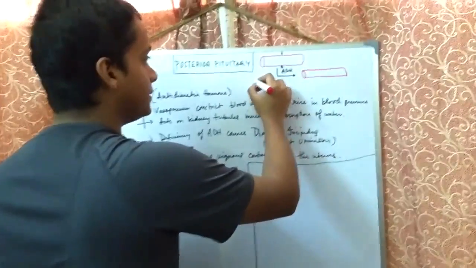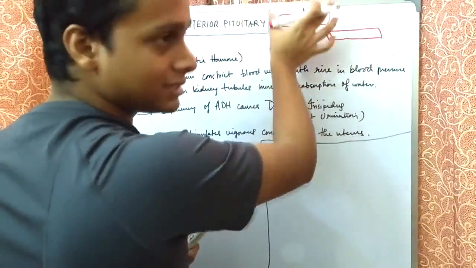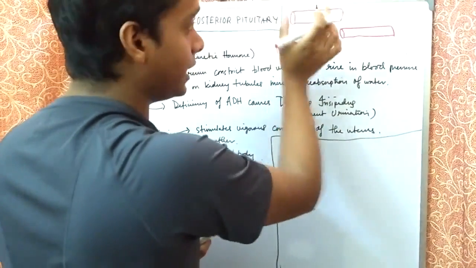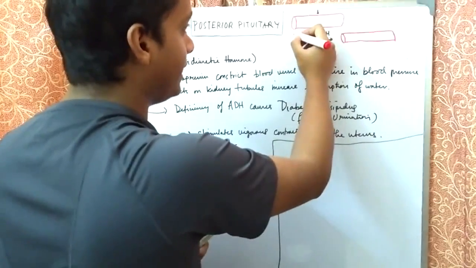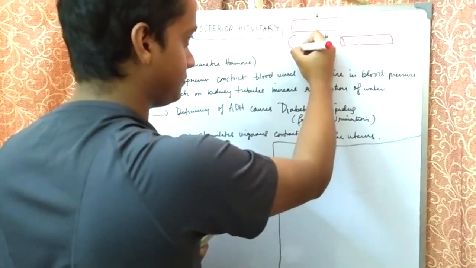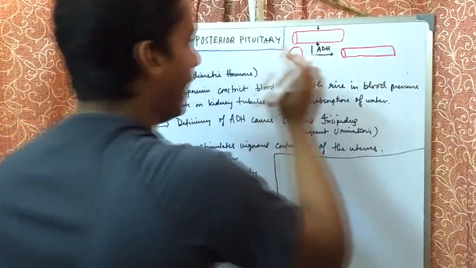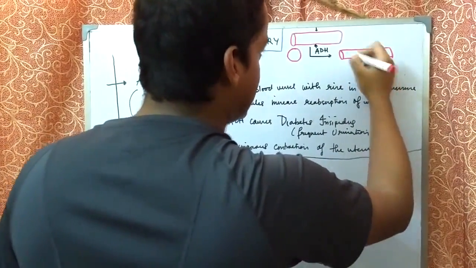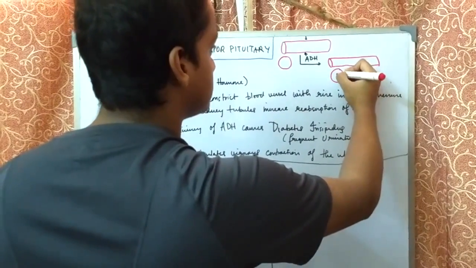Now this is the horizon, and you can view the blood vessel from this side. If you take it in front, before applying ADH the blood vessel was like this, and after application of ADH the blood vessel is like this.